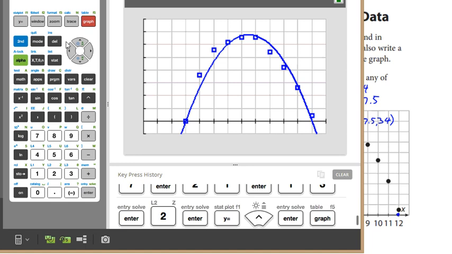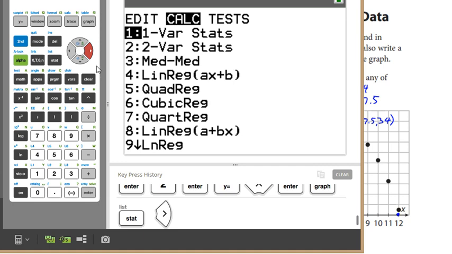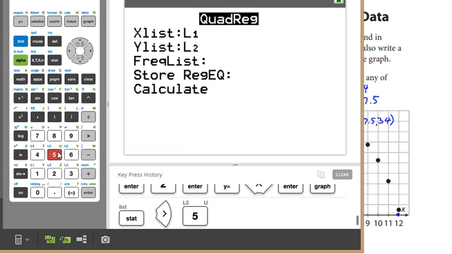And to do that, we go back to Stat, and we go to Calc, and we go to Quadratic Regression, and, I'm trying to see if I can remember what the deal is for this. Okay, regular equation. This is where I do it here. Enter. And go back here and press alpha.